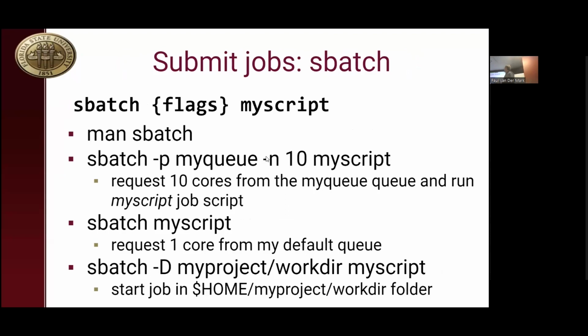So sbatch, like any Linux command, the way to figure out all the details about a command is to use the manual page, the man page. Slurm did a good job of documenting all the commands. So for any command, you can just do man sbatch, and you get a long confusing list of all options.